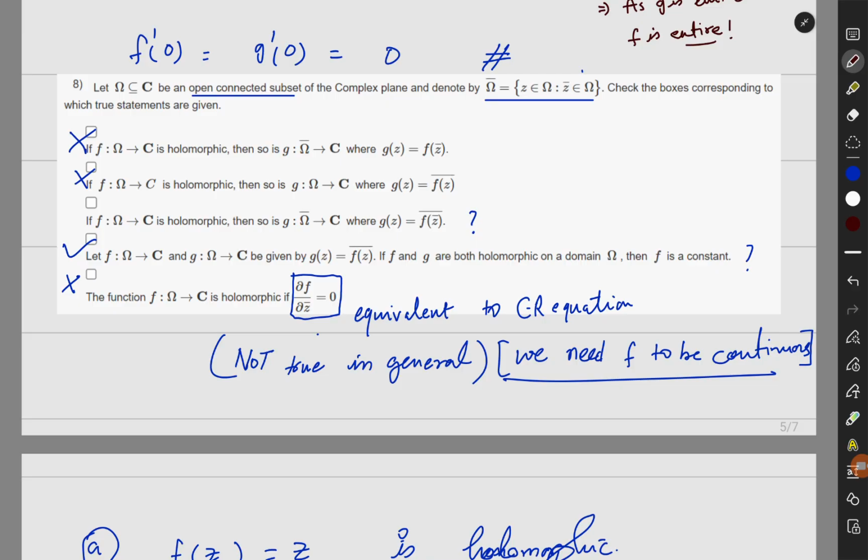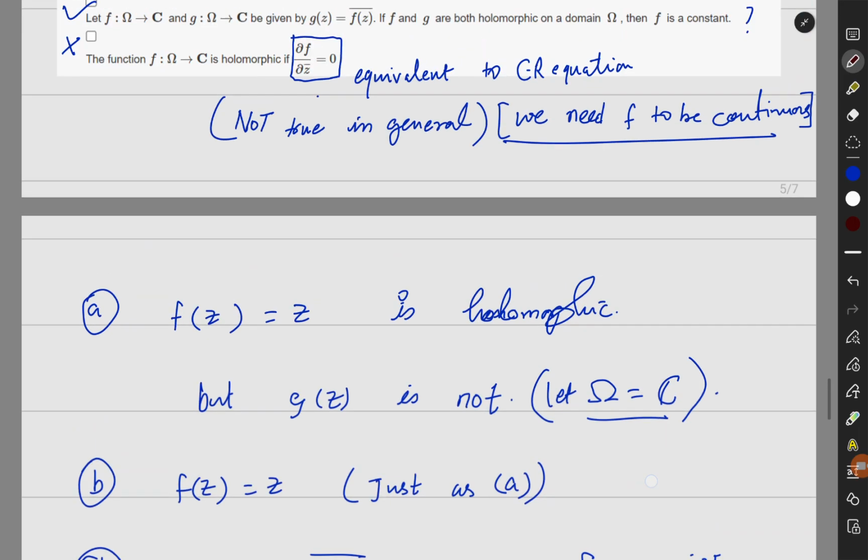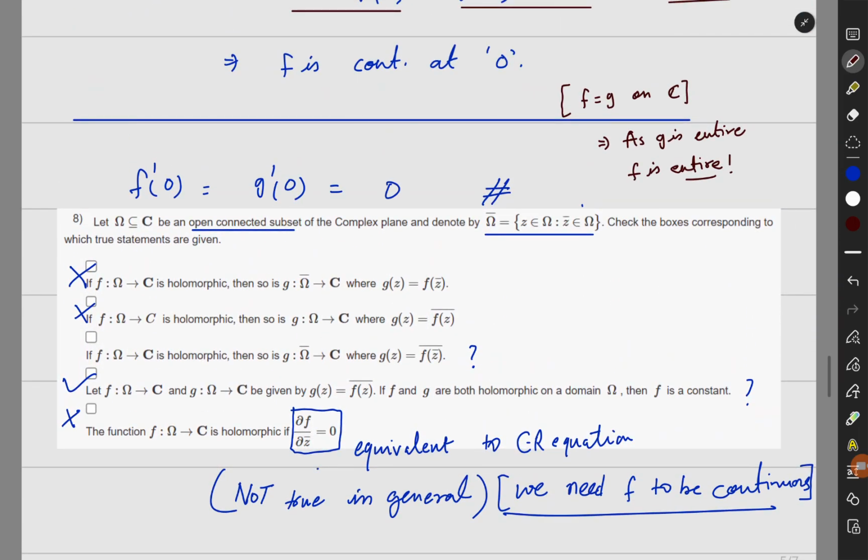So to make our question make sense, we will consider that omega contains some part of the real numbers. Why? Because if you have, let's say, omega here, this is our omega, then omega bar is equal to empty.